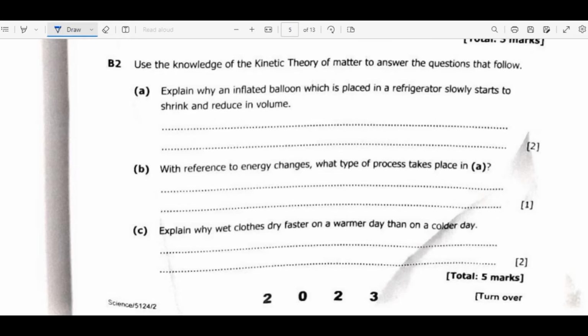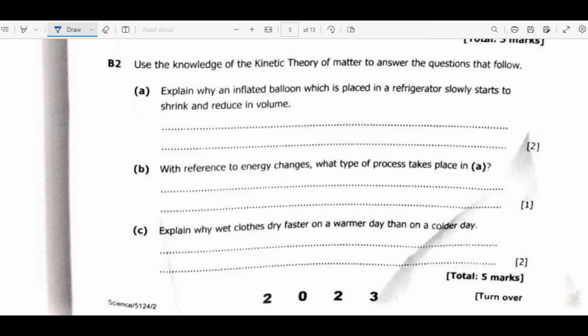So an inflated balloon is the balloon that has the air inside. Now, after you fill up that balloon, the air inside is hot. So now, what happens if we place that in a fridge? What will happen is we are going to have the cooling. The air will start to cool down.